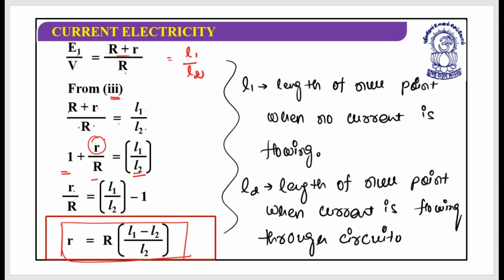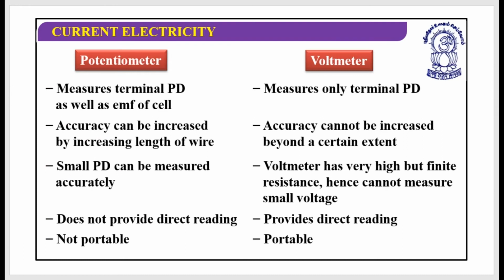Let's look at the basic difference between potentiometer and voltmeter. This is very important from your board exam point of view, as well as concepts. To make the concepts clear, this is required. So let's have a look. What is a potentiometer?